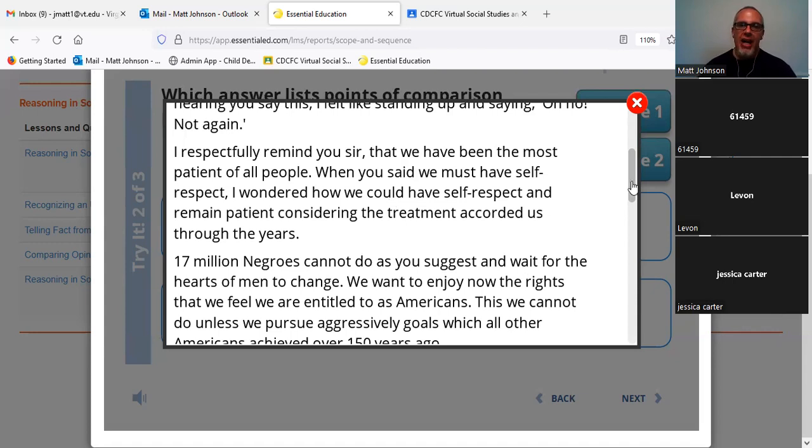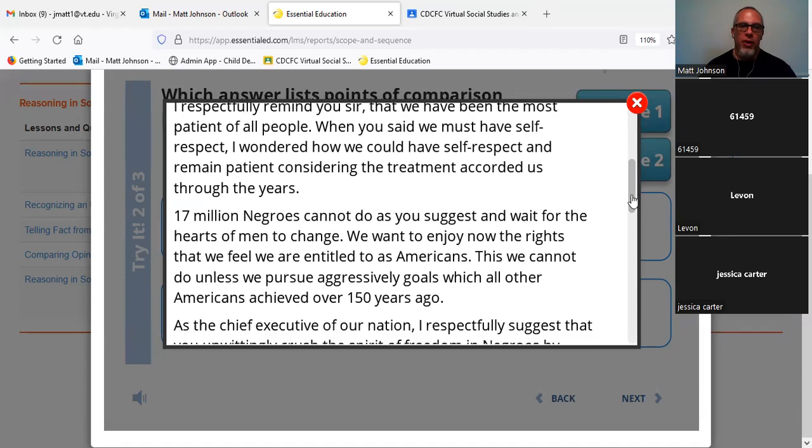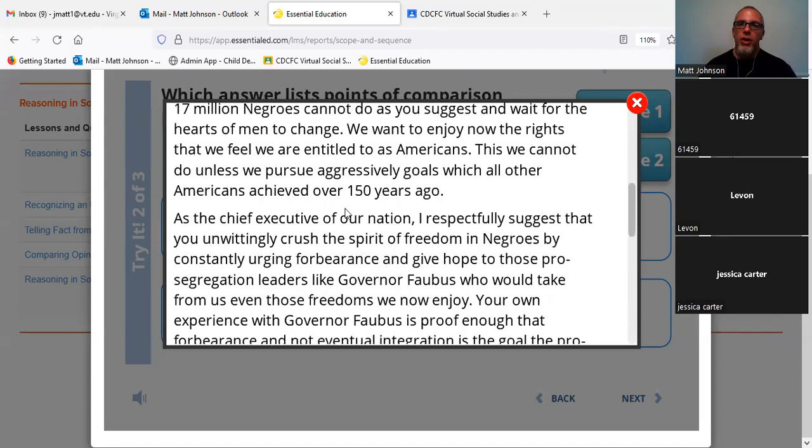17 million Negroes cannot do as you suggest and wait for the hearts of men to change. We want to enjoy now the rights that we feel are entitled as Americans. This we cannot do unless we pursue aggressively goals which all other Americans achieved over 150 years ago.